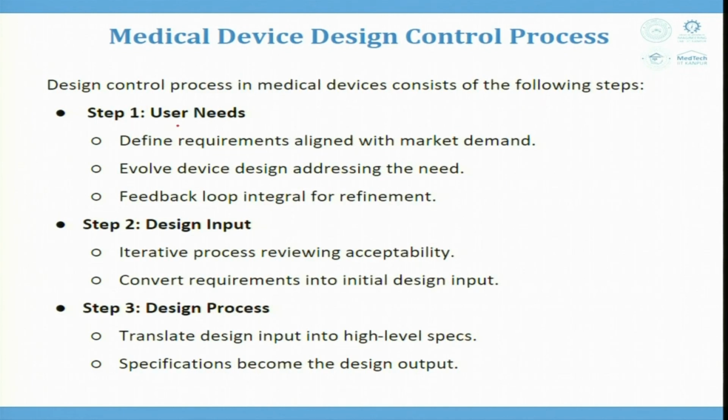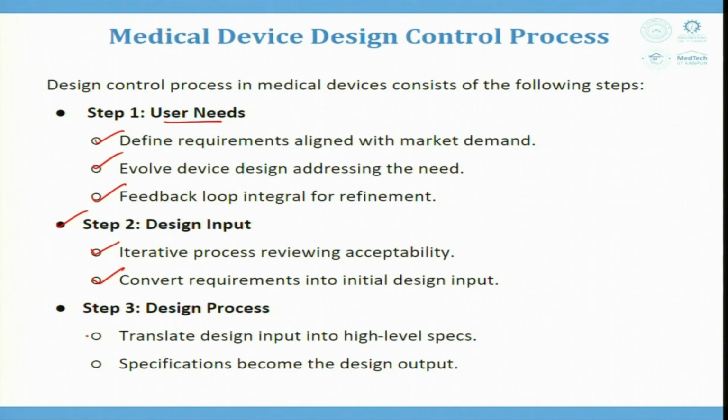The step 1 is user needs, which means we define the requirements aligned with the market demand, then evolve the device design addressing the need, then a feedback loop integral for refinement. The second step is design input, which is an iterative process reviewing the acceptability or converting requirements into initial design input.